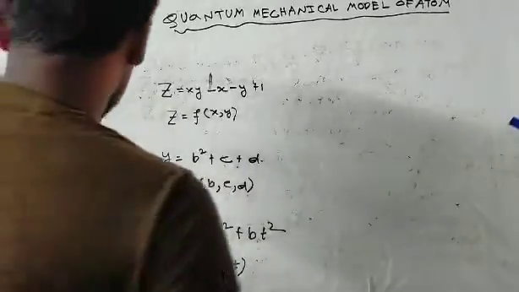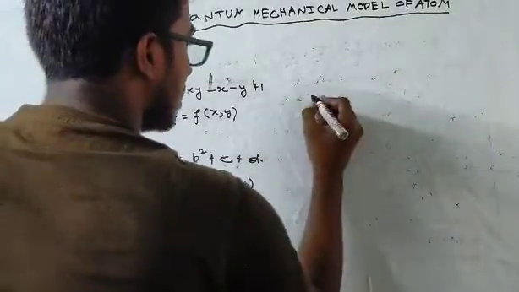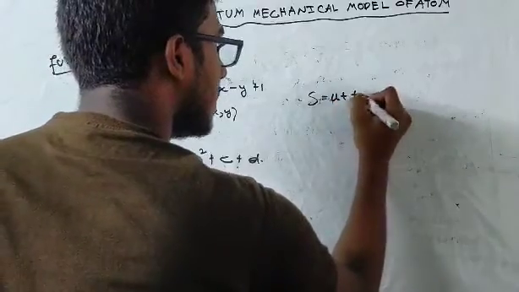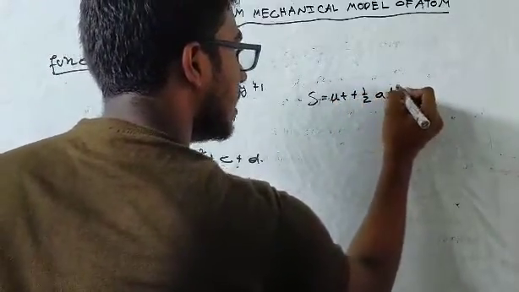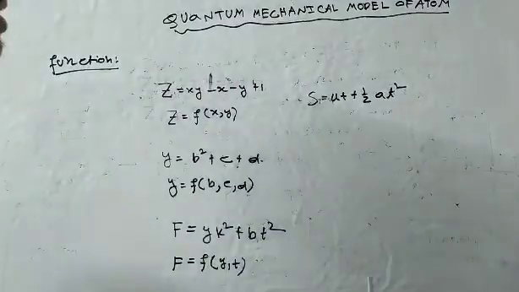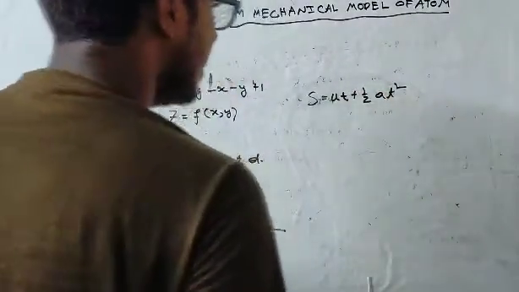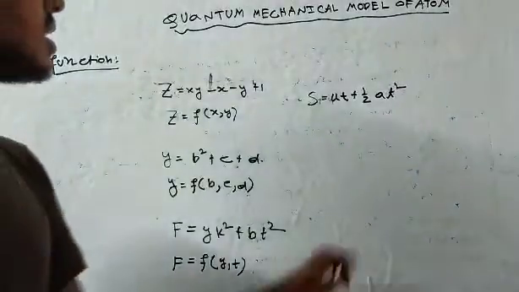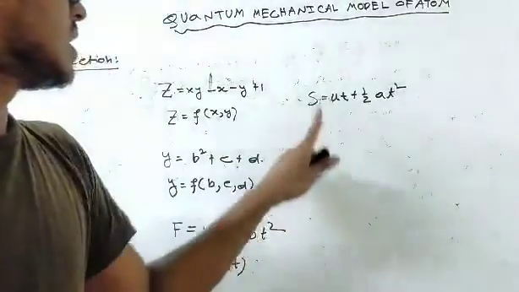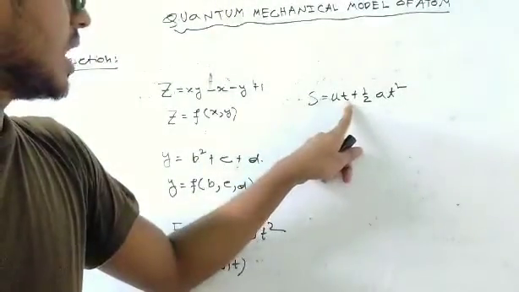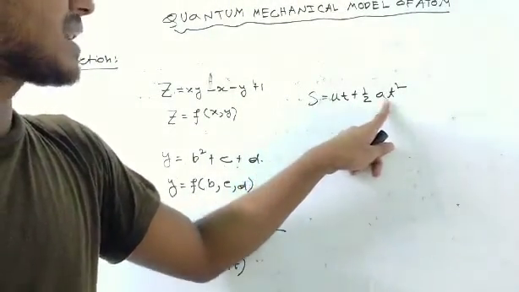Let's take a very well-known equation. Let's say s equals ut plus half a t square. According to this equation, the value of s depends on the initial velocity, the time and the acceleration.